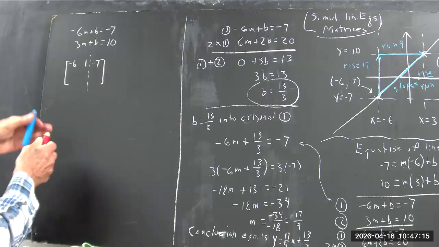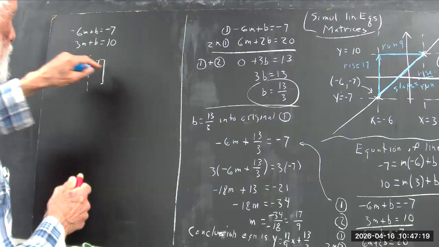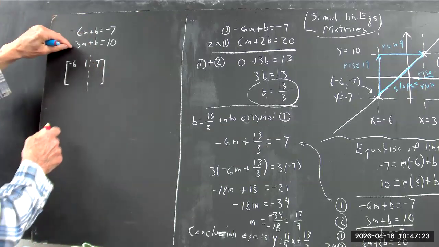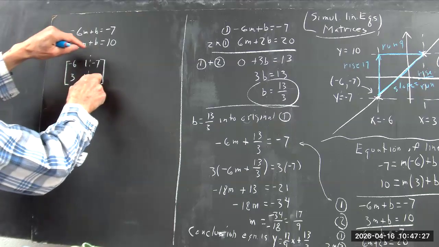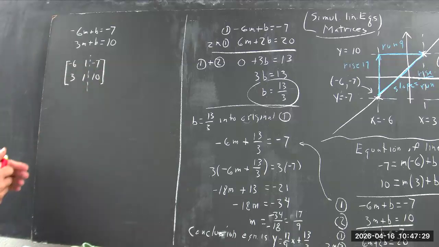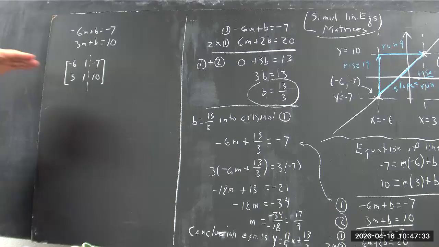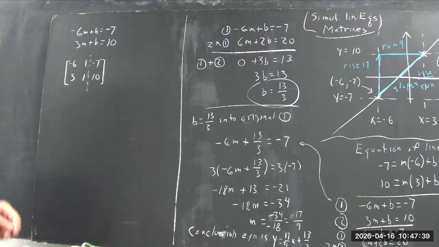Now, the brackets are big enough that I can then write the coefficients of the second equation. I have 3m plus b equals 10. Coefficient of m is 3. Coefficient of b is 1. And the 10 is to the right of the equal sign. So now I have a set of brackets with two rows. First row is -6, 1, -7, representing the numbers in the first equation.